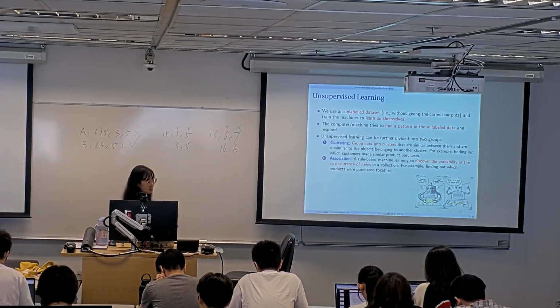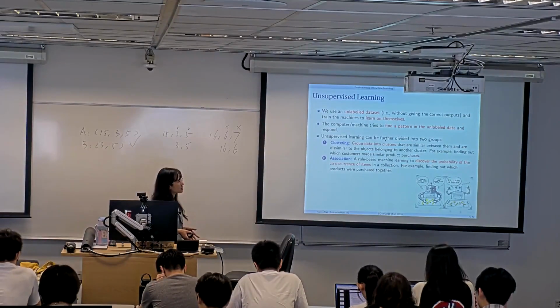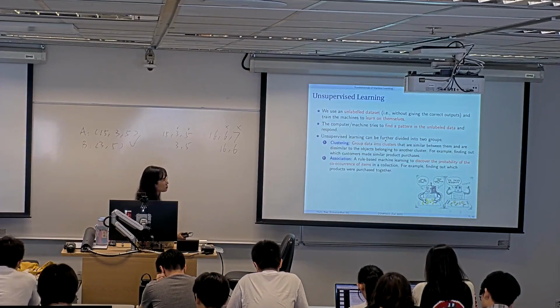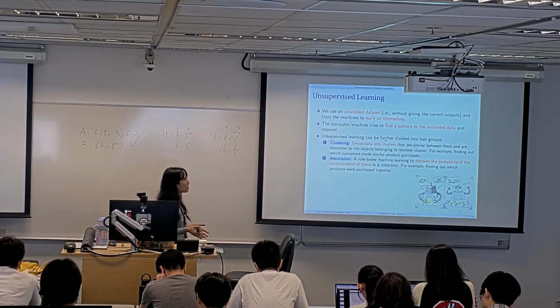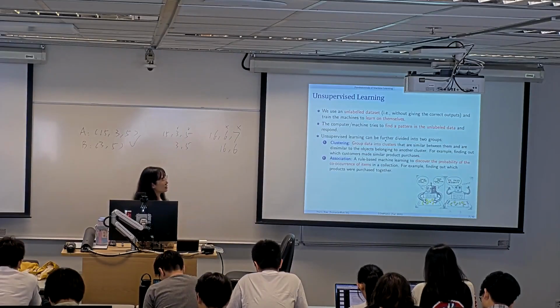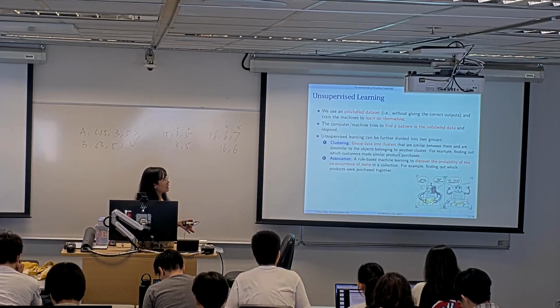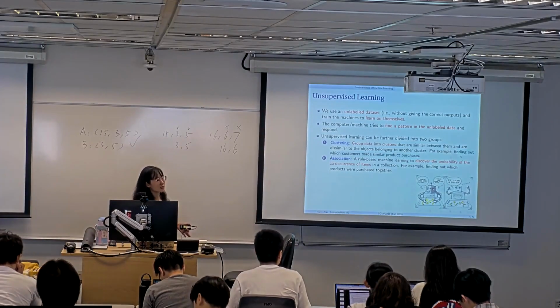The first is clustering. Clustering simply groups the data into clusters that are similar between them and dissimilar to the objects belonging to another cluster. For example, finding out which customers made similar product purchases is a clustering task.